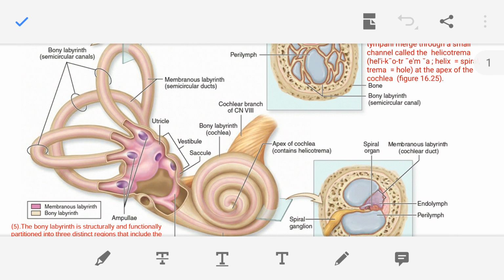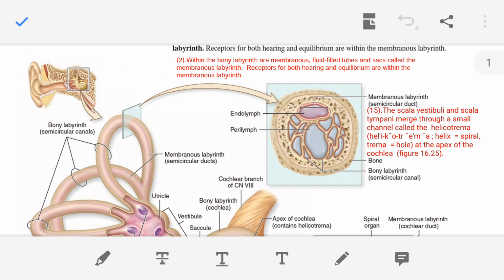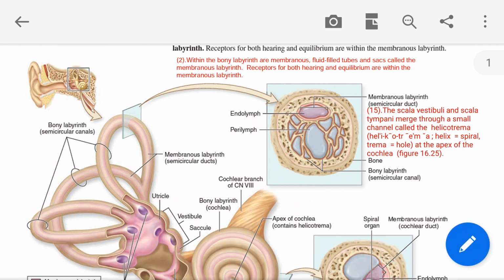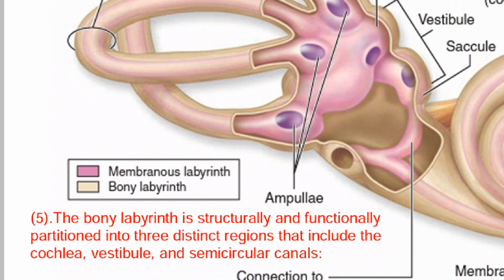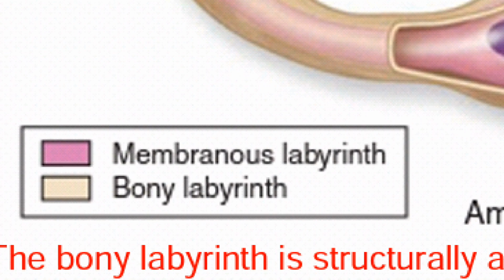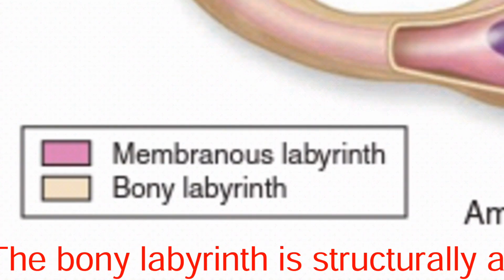Here I'm showing you this entire figure, and here the key is given. They have used a pink color for the membranous labyrinth and a yellow color for the bony labyrinth.